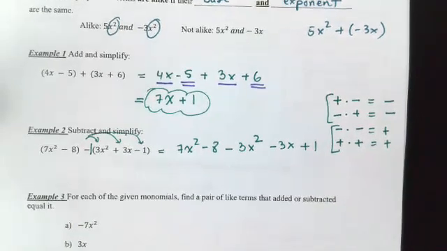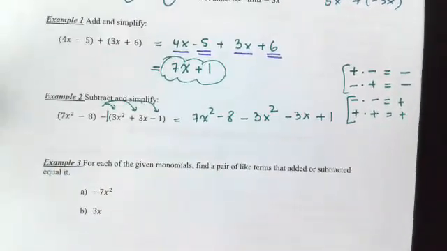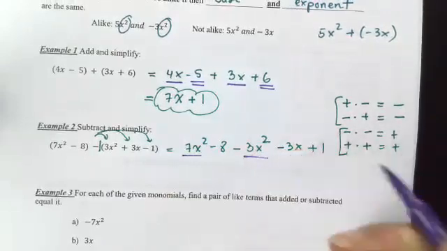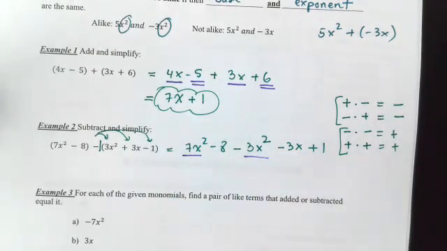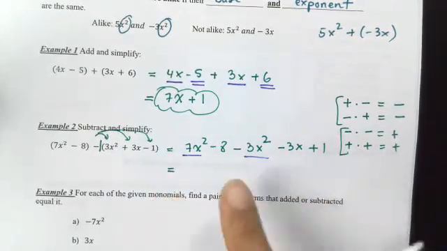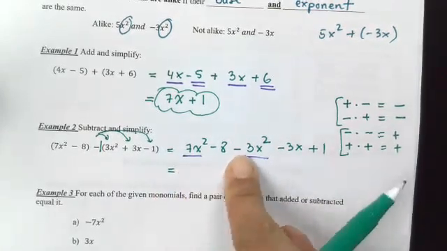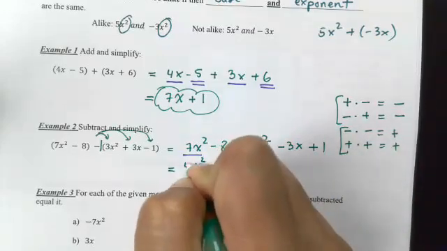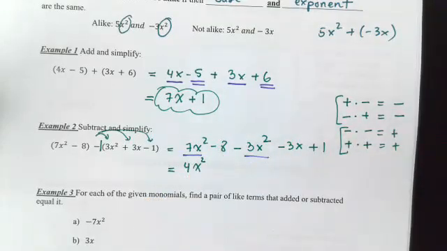So now, once we got rid of all these brackets, we're going to look for like terms to simplify our expression. The highest exponent is squared, so 2. We can put those together. So 7 apples minus 3 apples. How many apples? 4. 4x squared.